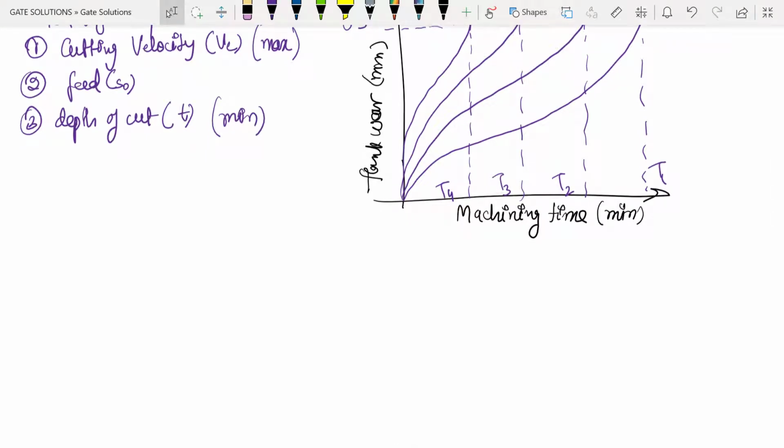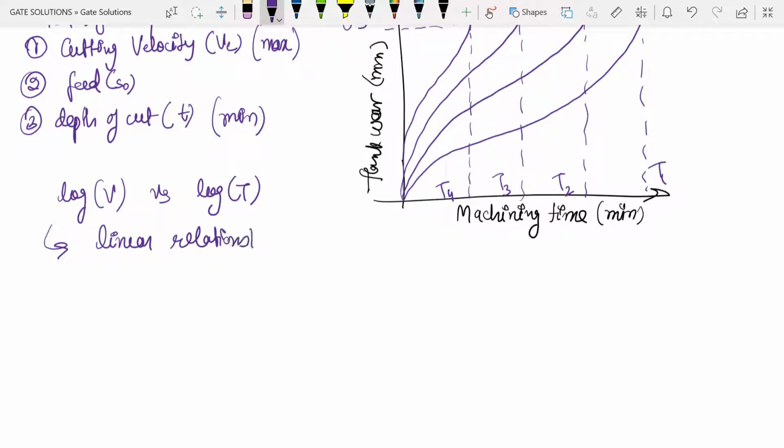What Taylor did is he plotted the velocities versus machining time graph in log scale. So he plotted log V versus log T, which results in a linear relationship with n as slope and c as intercept.